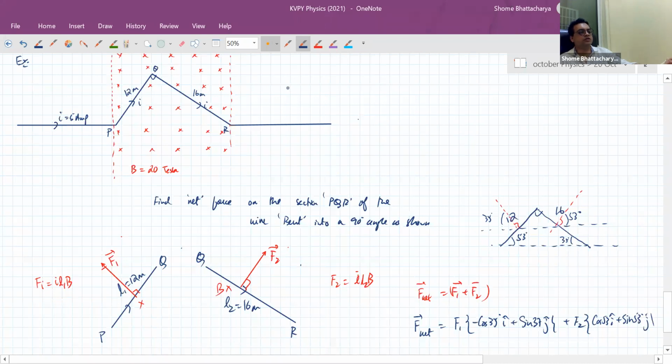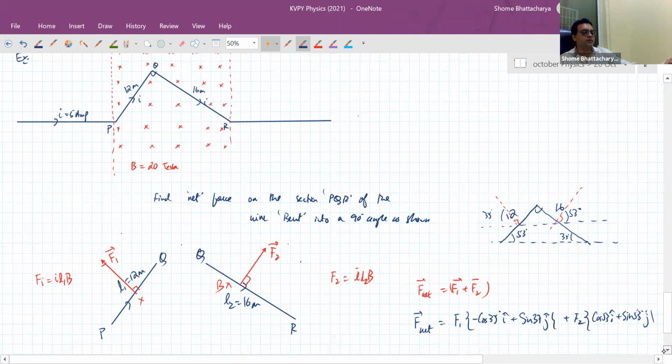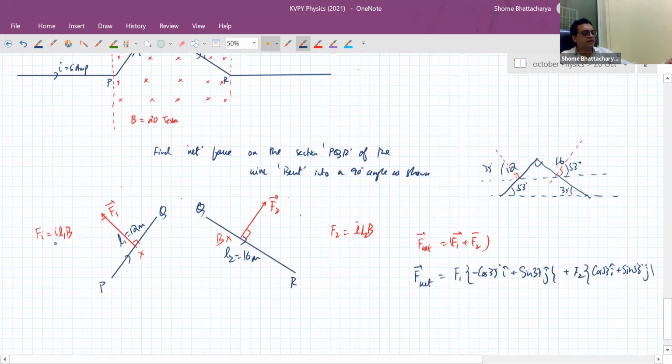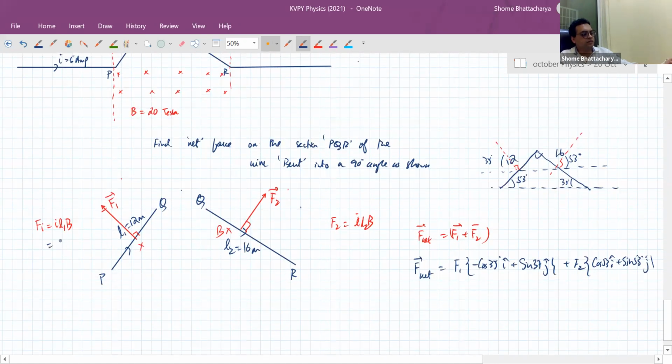So you can do this. It's not a big deal. You can see that the magnitude is 5 amperes into 12 meters into 20 Tesla. This is the magnitude in newtons, and F2's magnitude is 5 amperes into 16 meters into 20.